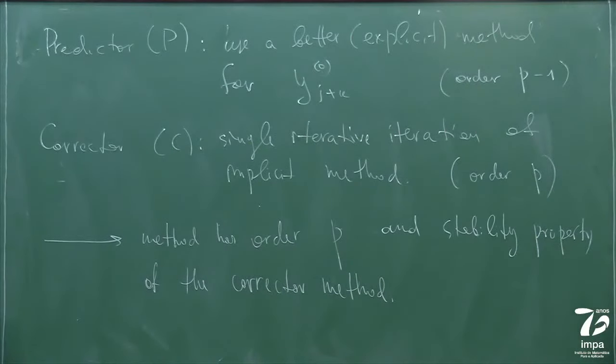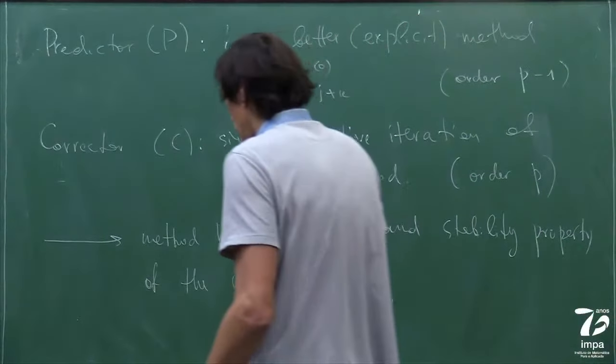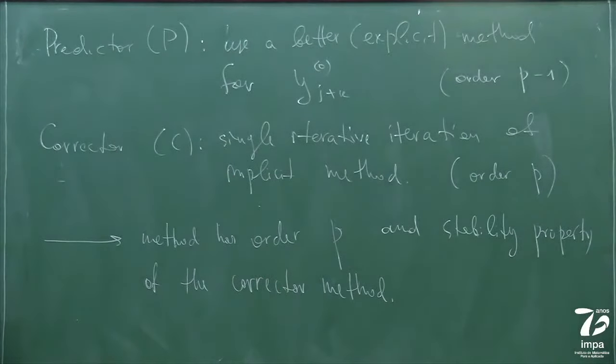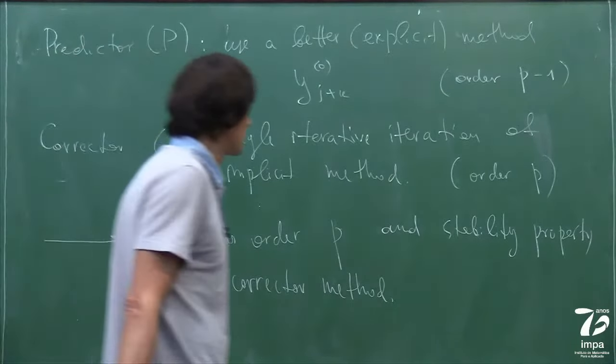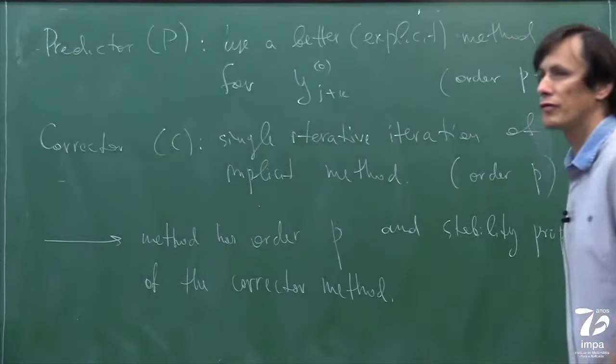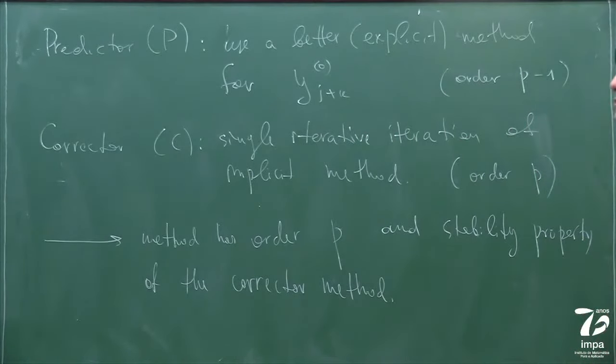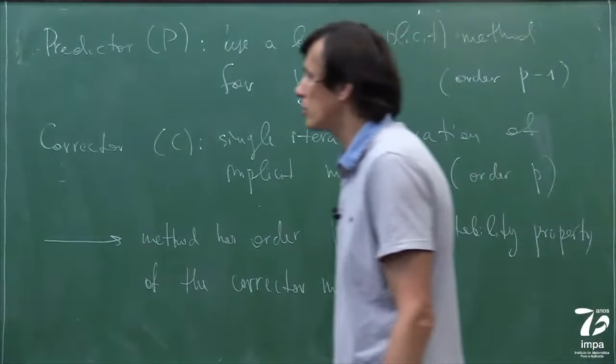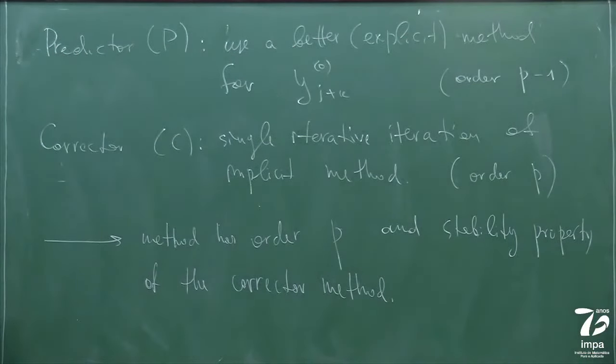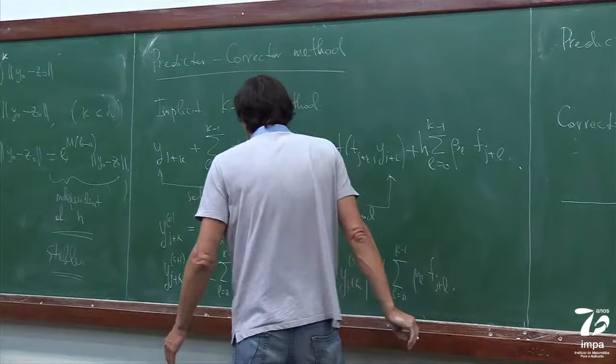I'll give you an example, but the idea is that we want to use an explicit method because it's often more stable, but we don't want to solve a nonlinear equation, which is the problem of the implicit method. So instead of solving the nonlinear equation, we do a trick.